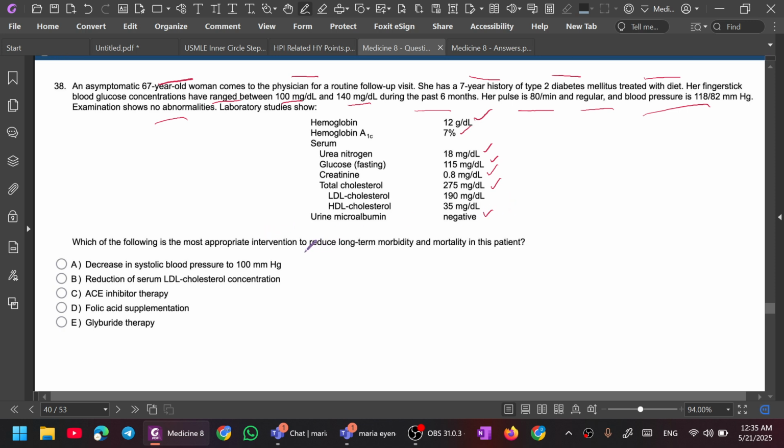Which of the following is the most appropriate intervention for reduction of long-term morbidity and mortality in this patient? Is there any protein loss?